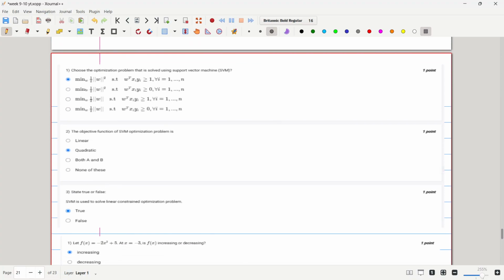Support vector machine is minimize over w half the norm of w squared such that yi times w transpose xi should be greater than or equal to 1. The objective function of the SVM optimization problem is quadratic. SVM is used for linear constraint optimization problems. True.